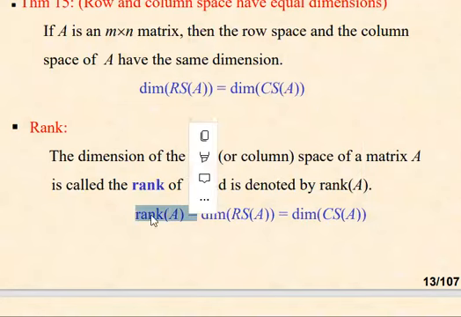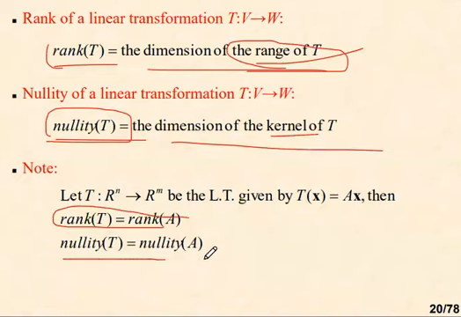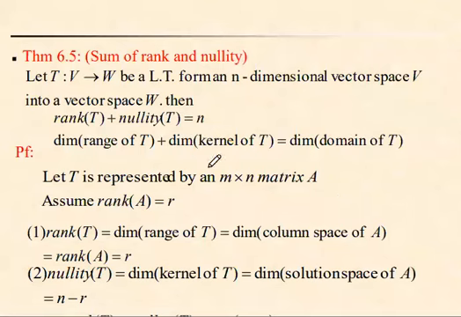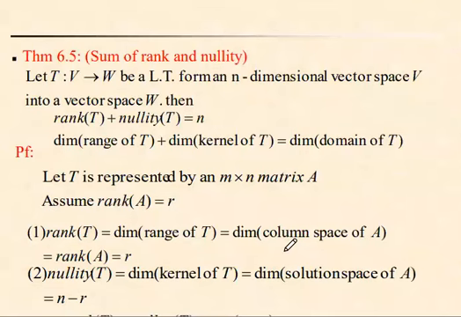Rank of A is the same as rank of T. Nullity of T is the same as nullity of A. Same thing, right? All right. This is very important. This is the theorem, the rank nullity theorem.